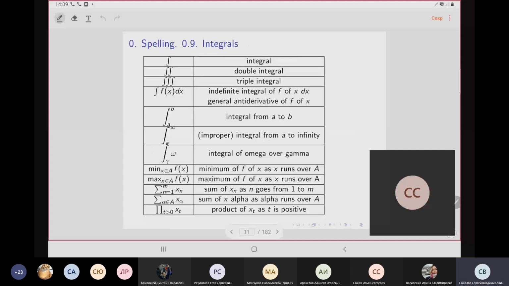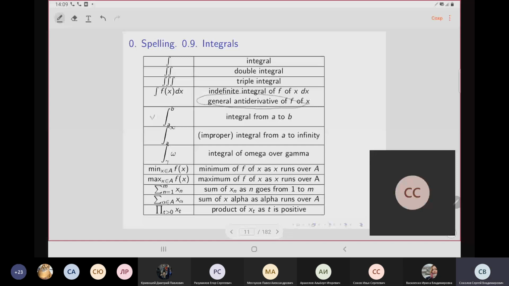Some integrals: integral, double integral, triple integral, indefinite integral of f of x dx, or we can say general antiderivative. If we calculate the derivative of the general antiderivative, we get f of x. Integral with some boundaries.